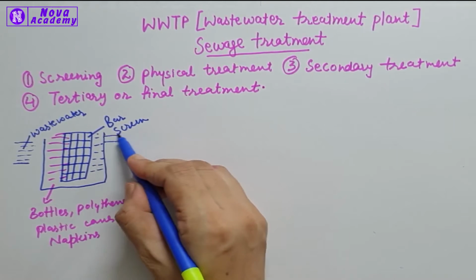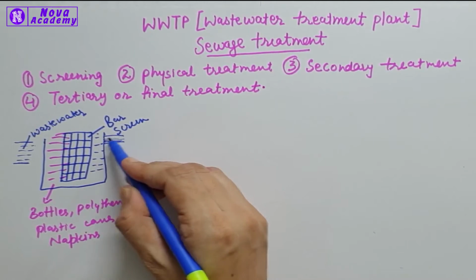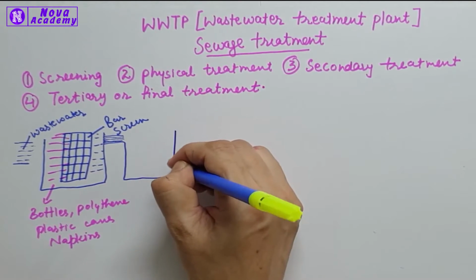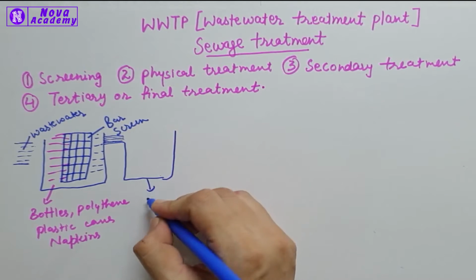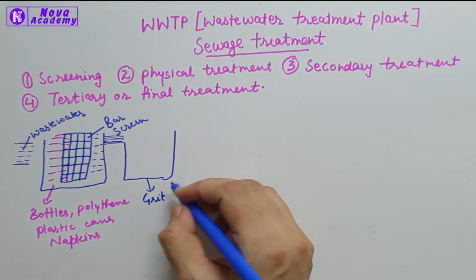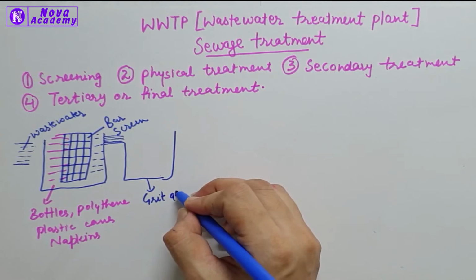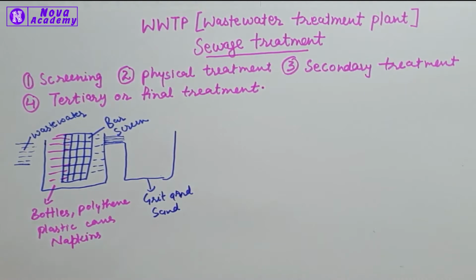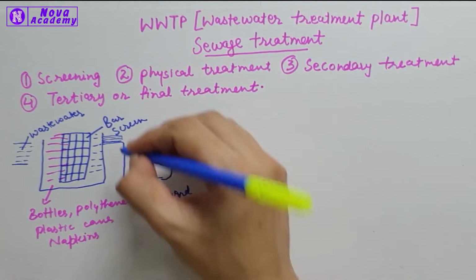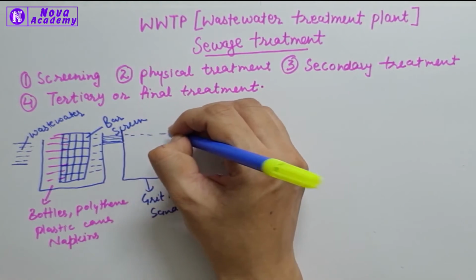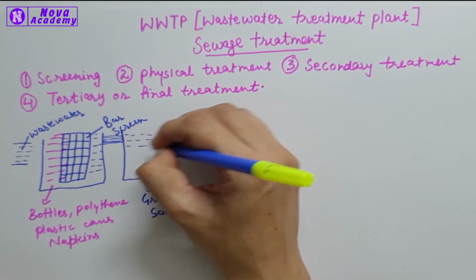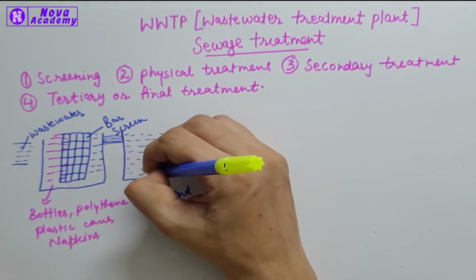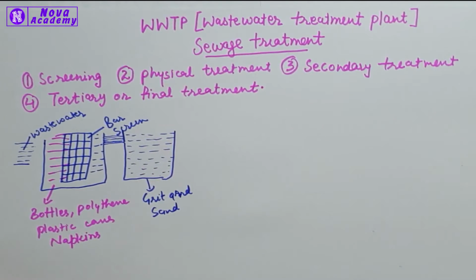So now we send this water into the second chamber. Here grit and sand will be removed. How will we remove grit and sand? Here we reduce the speed of water and keep the water undisturbed for a few hours or a few days, depending upon the impurities in the sewage.